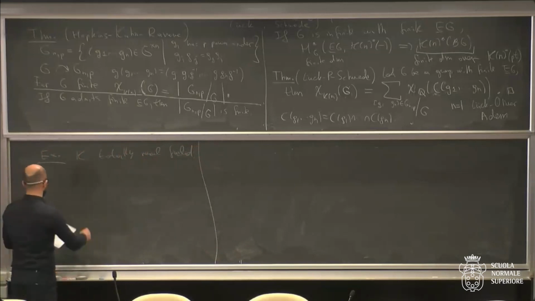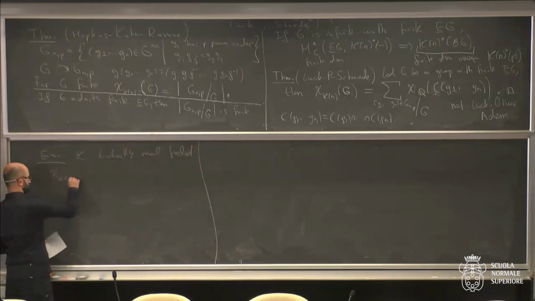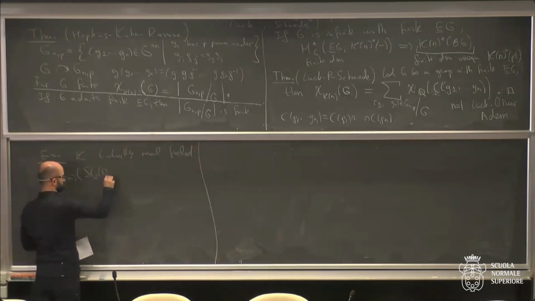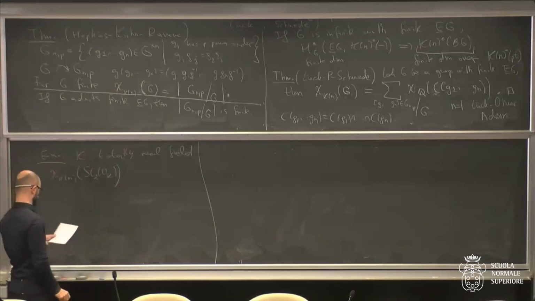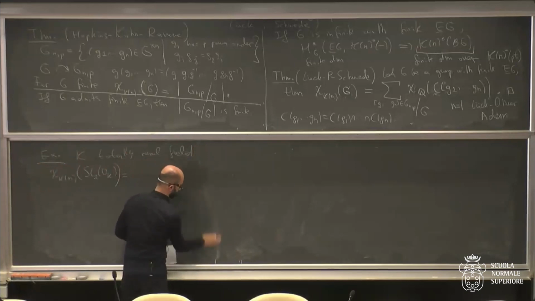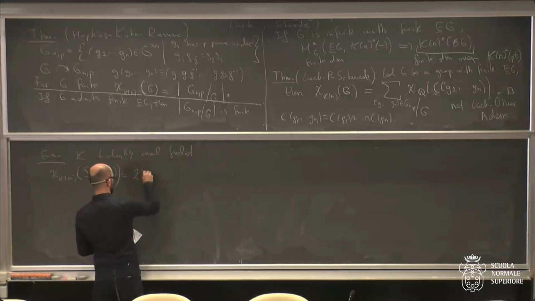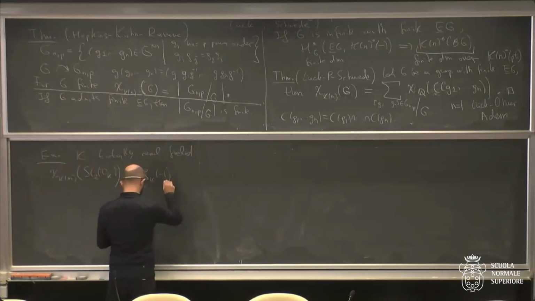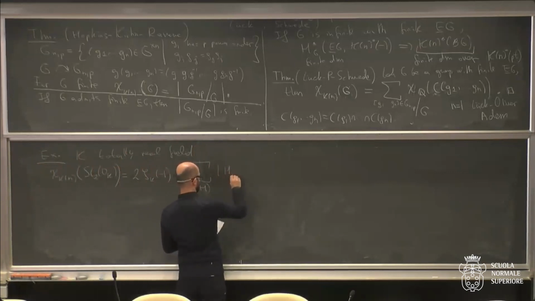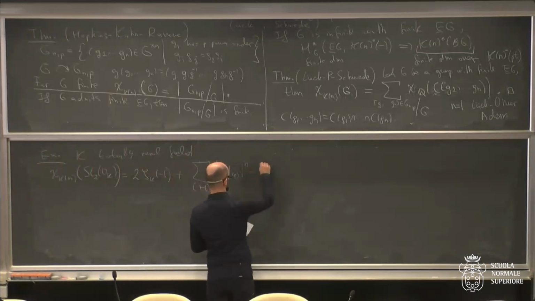And then using this theorem, you can compute the K_n Euler characteristic of SL_2 of O_K. And already here, interesting results come out. This gives you a formula: this is 2 times zeta_K of minus 1, plus a sum over conjugacy classes h of b to the n minus 2, divided by h.